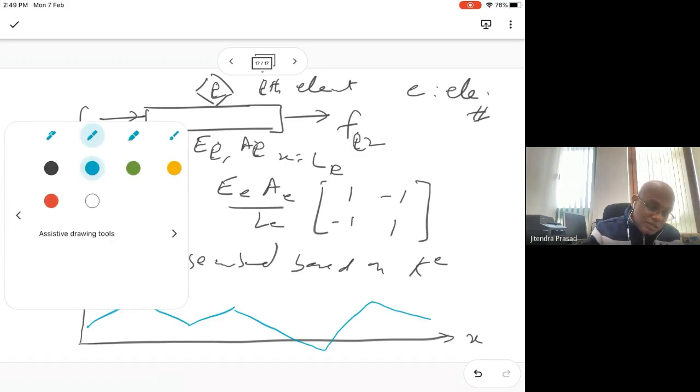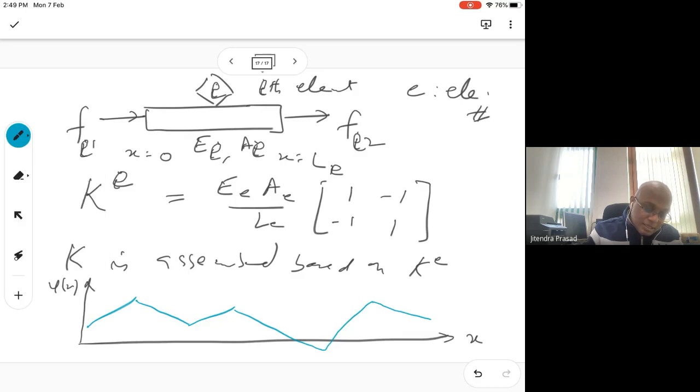So your solutions will be like this: u1, u2, u3, u4, u5, u6, u7, whatever values you get. So you get the linear solution between two nodes.